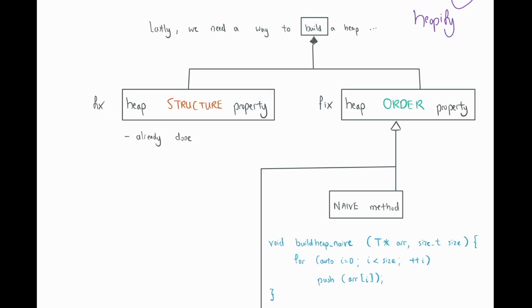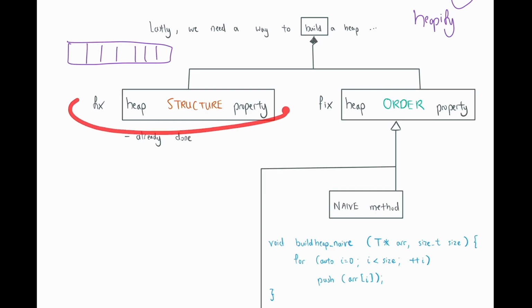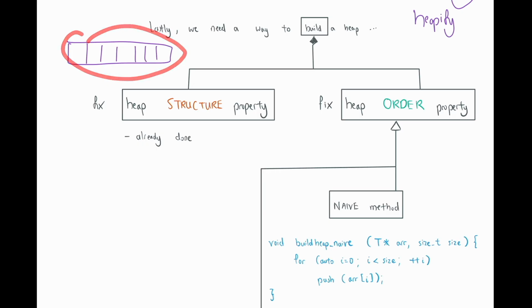Given any container of things, we need to first fix the structure, that means make it into a heap structure. If it's an array, then it is already done. A contiguous array, obviously, without any missing values in between.